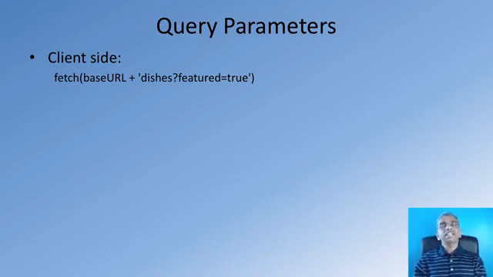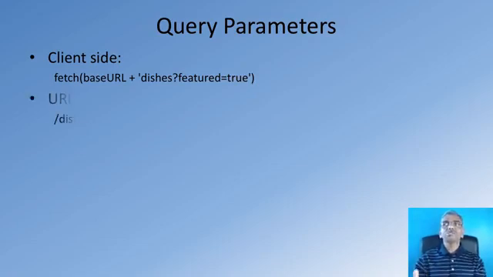Now, in the data on the server side, we already saw that the dish, the promotion, or the leader includes the featured flag already in the JSON data. So when this request comes to the server side, the server should be able to extract this query parameter from the incoming request and then appropriately query MongoDB and obtain only the results where this featured flag is set to true.